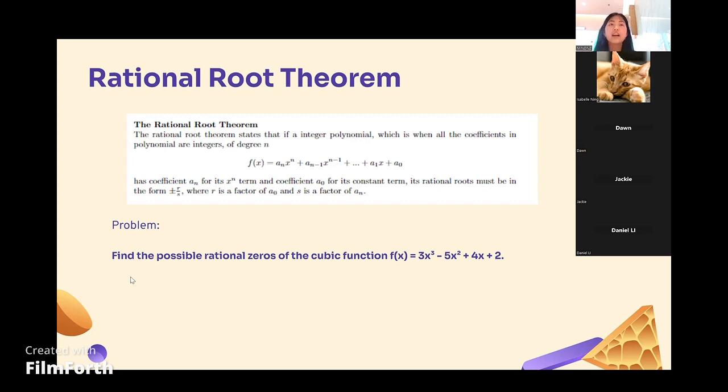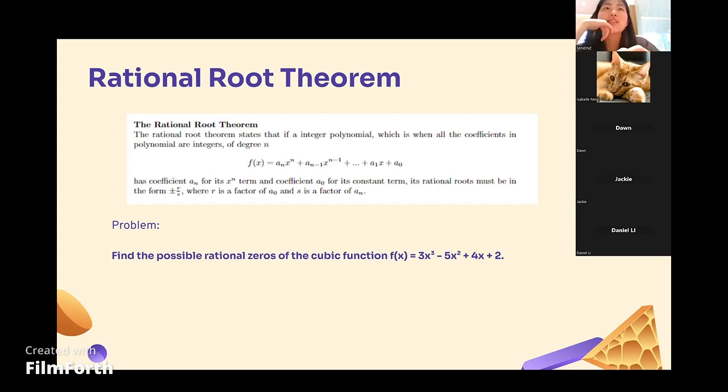Yeah, so I think you're definitely on the right track. Let's consider the factors of A0. In this case, what is A0 for the polynomial? Well, it's equal to 2, so we basically want the factors of 2.